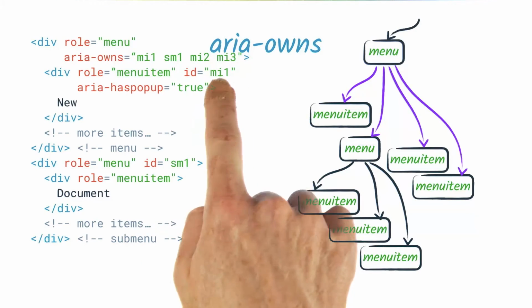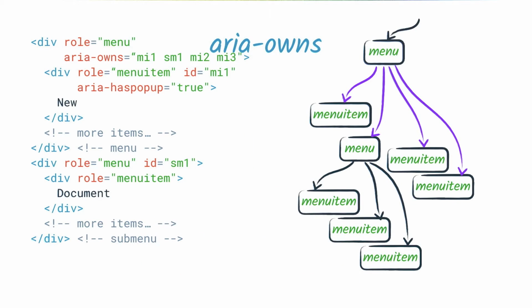Aria-owns can take a list of ID references, so it can also be used to explicitly specify the order of children, for example, to rearrange children, or interleave native and non-native children. By default, aria-owned children will come after natively owned children.